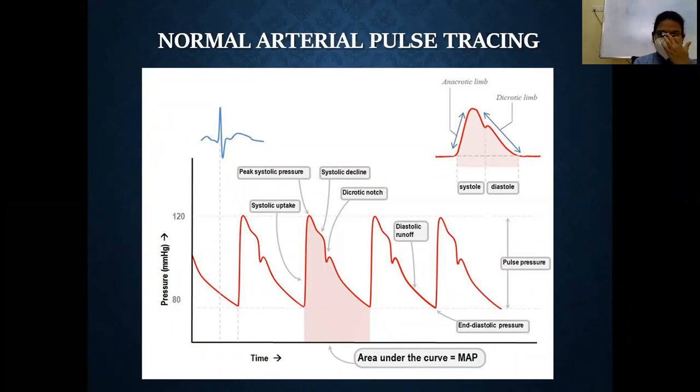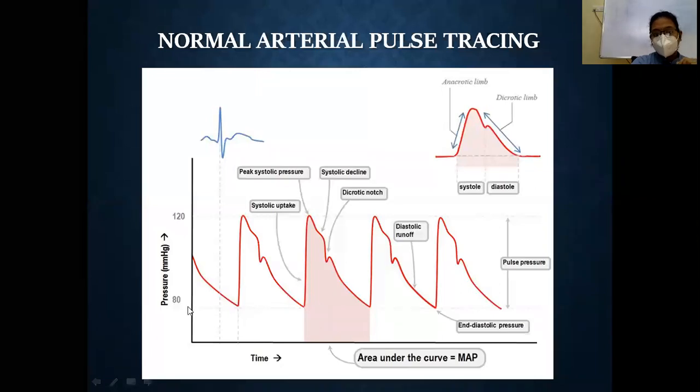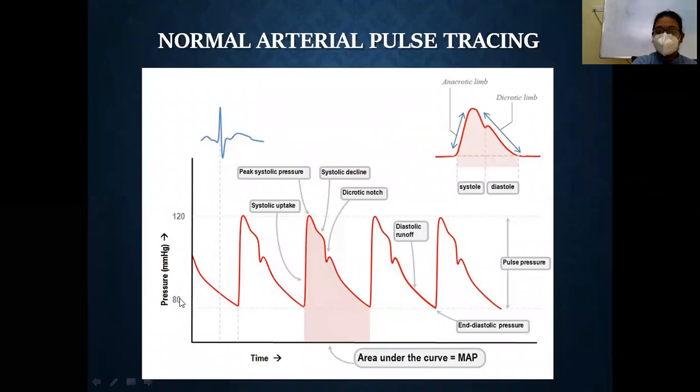Okay, now we will see how. So remember, as I was telling you, when the blood has been ejected into the aorta, the pressure increases from diastole to systole. Hence the pressure over here is 80, whereas over here it is 120.